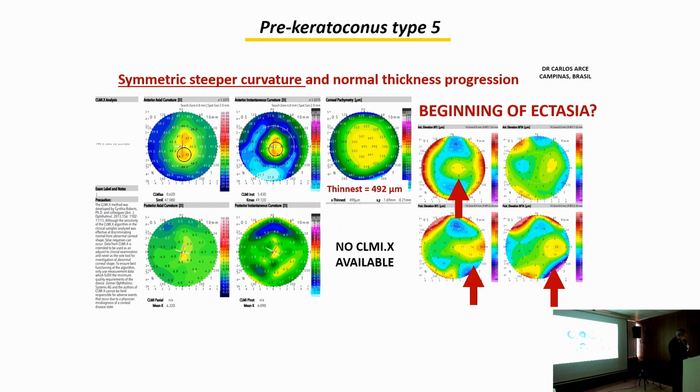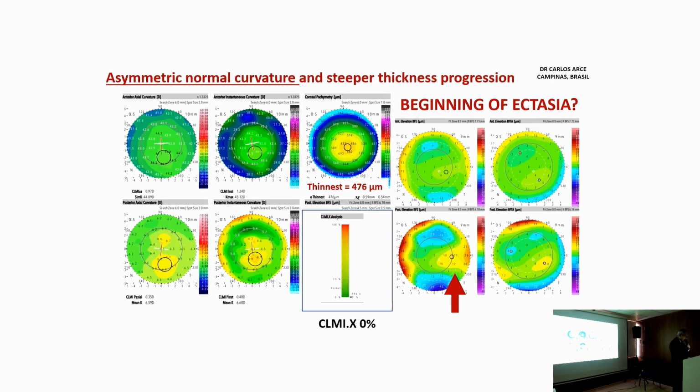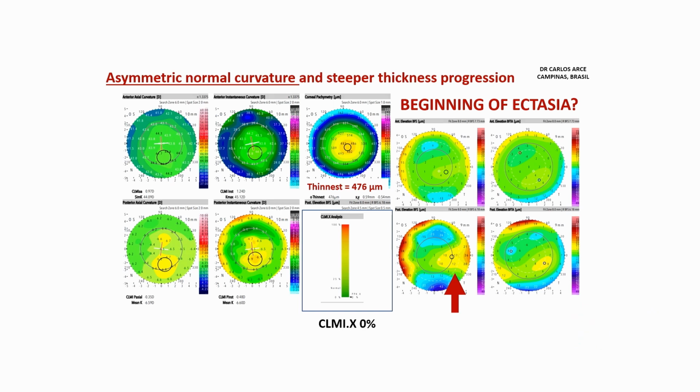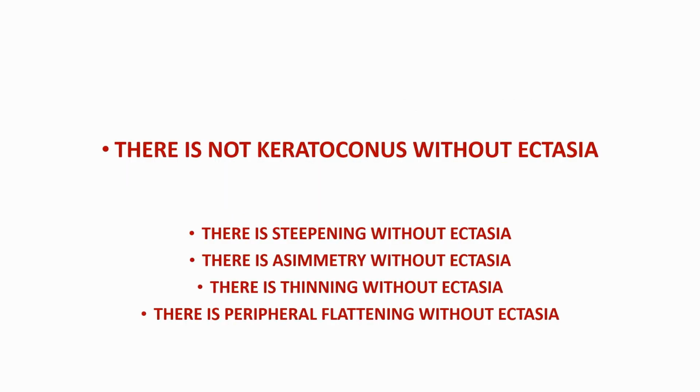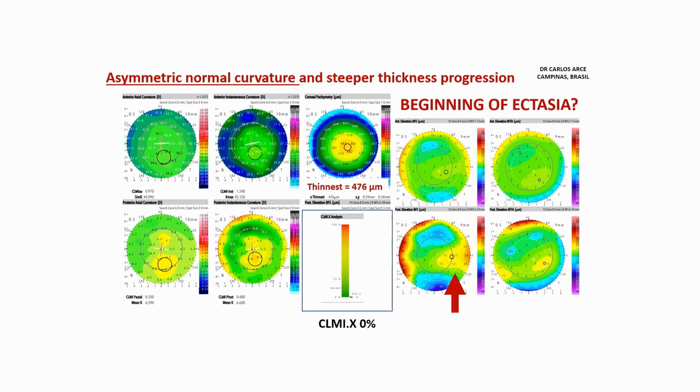Okay, and another case here, because there is one with normal progression, okay, or this is with a steeper thickness progression. Okay, so perhaps the combination of features or parameters produce these cases that may go easier to keratoconus.